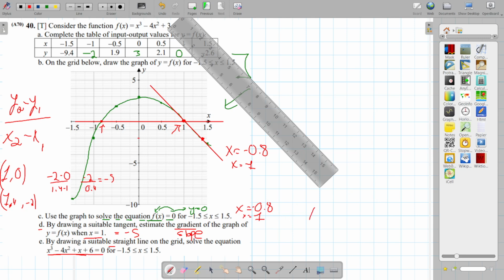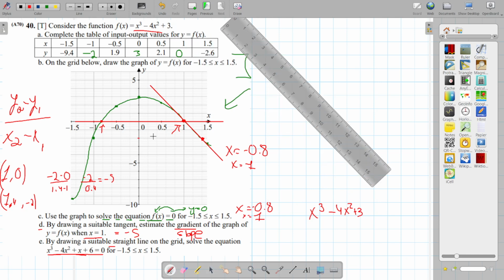So you write down your original one, which is x cubed minus 4x squared plus 3. This is your original one. Then under it you write your new one, x cubed minus 4x squared plus x plus 6 equals 0.